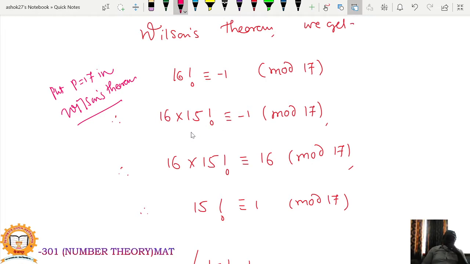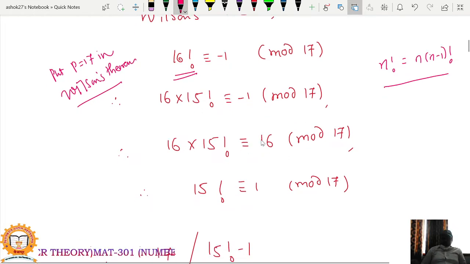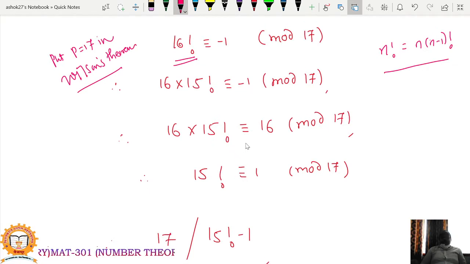So you'll write 16 factorial. What is n factorial? n factorial is equal to n into n minus 1 factorial. This is the property of factorial. So you'll get 16 factorial as 16 into 16 minus 1 factorial, that is 15 factorial, congruent to minus 1 modulo 17. So again, what is minus 1?